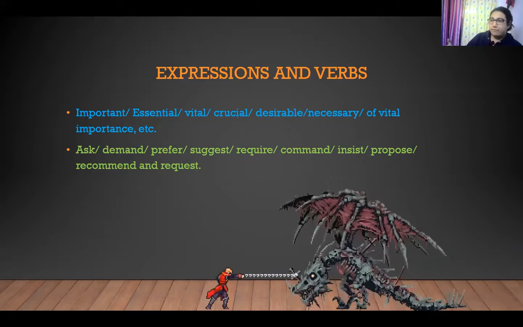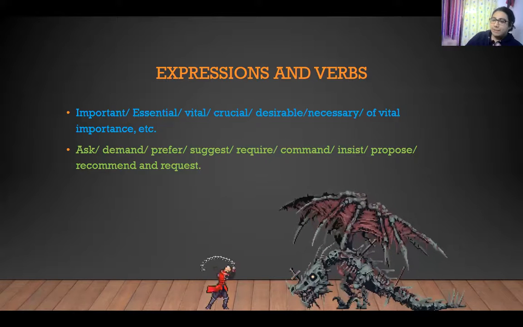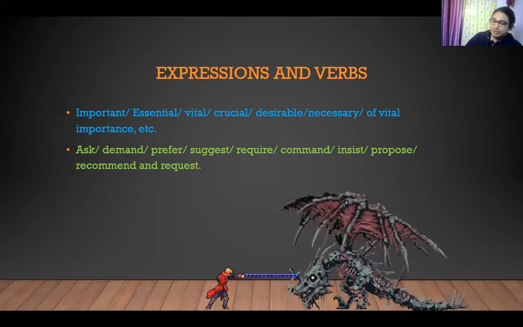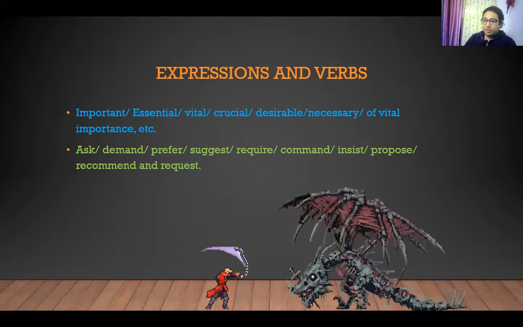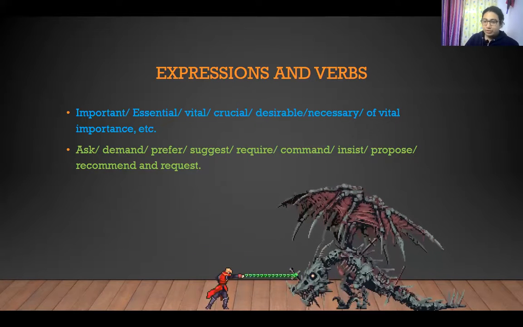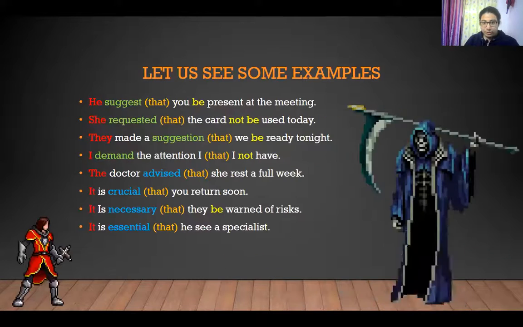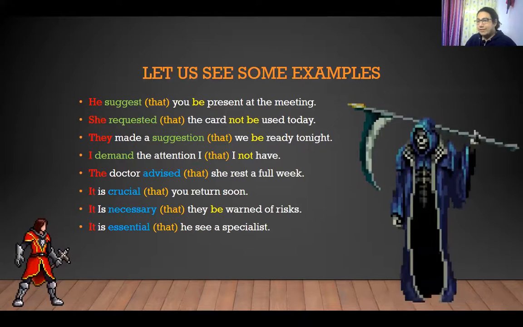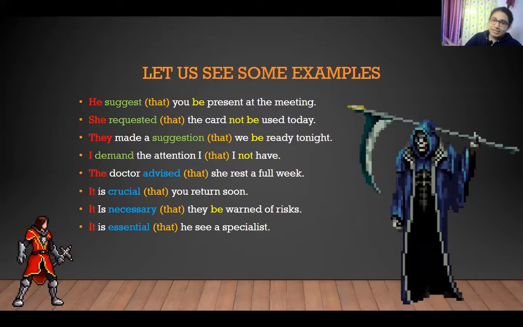We have a lot of words to use in this particular topic, but we are going to clarify that with the examples. The final part of this class is going to be the examples.